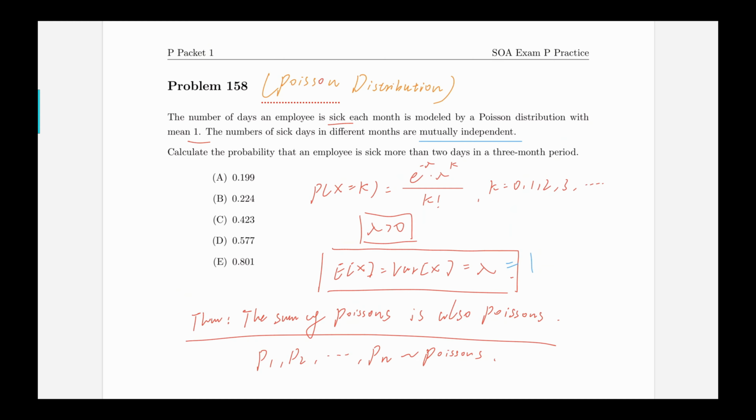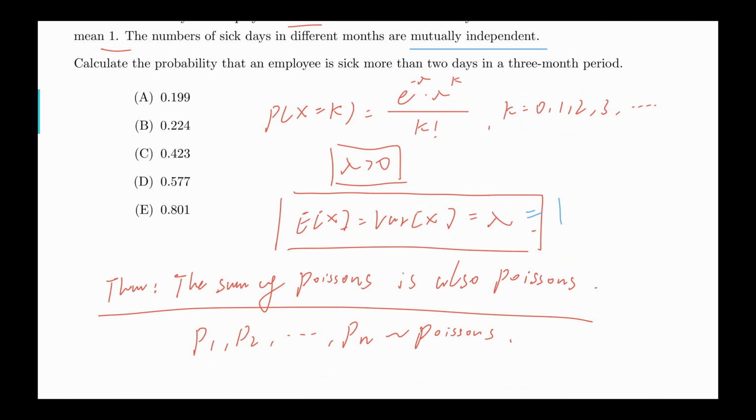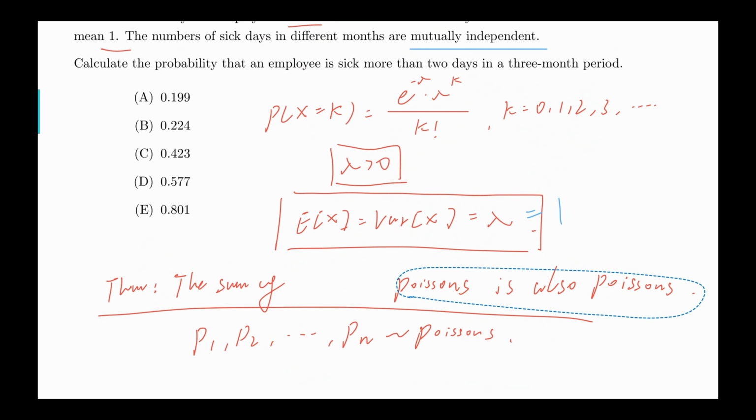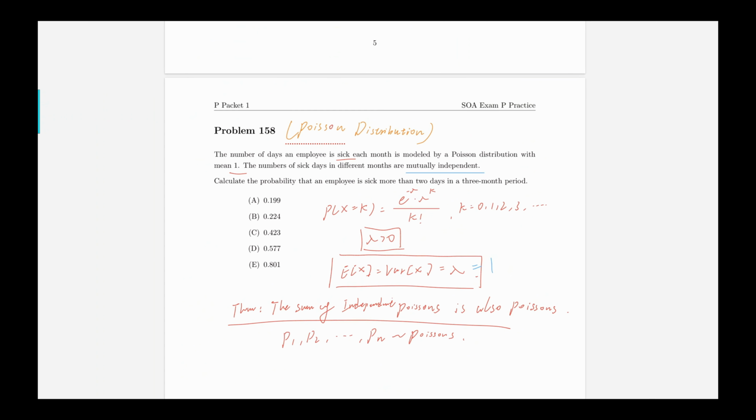Independence is the key here. I forgot to say that the sum of independent Poissons is a Poisson, because if there are some relations, then we need to be more careful.